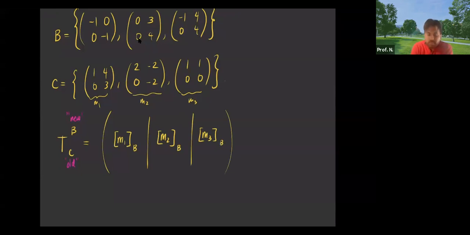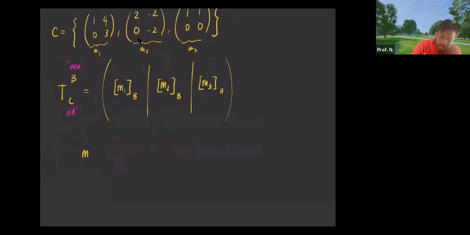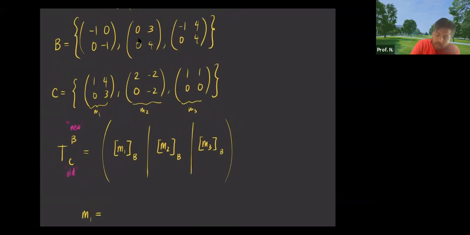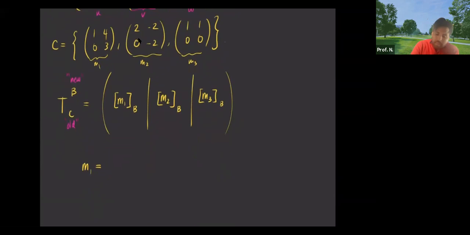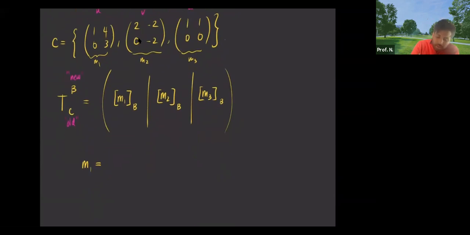Okay. So what is M1? And I'm going to call these matrices here U, V, and W. Okay, U, V, W. So I want to figure out what coefficient for U I should have, what coefficient for V, and what coefficient for W, right?